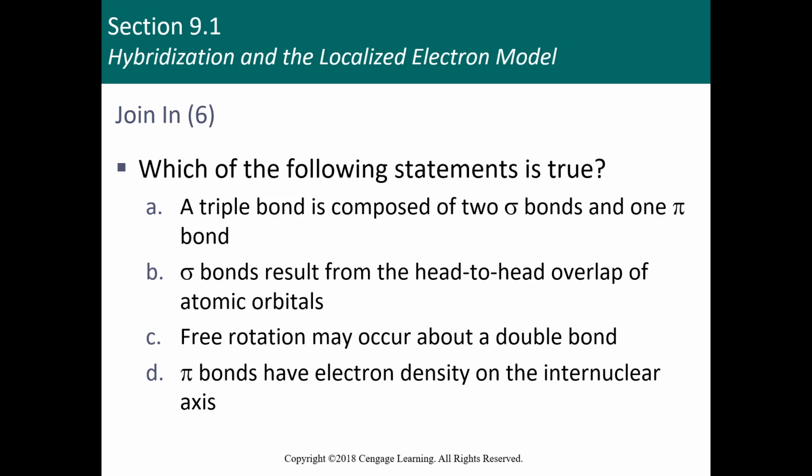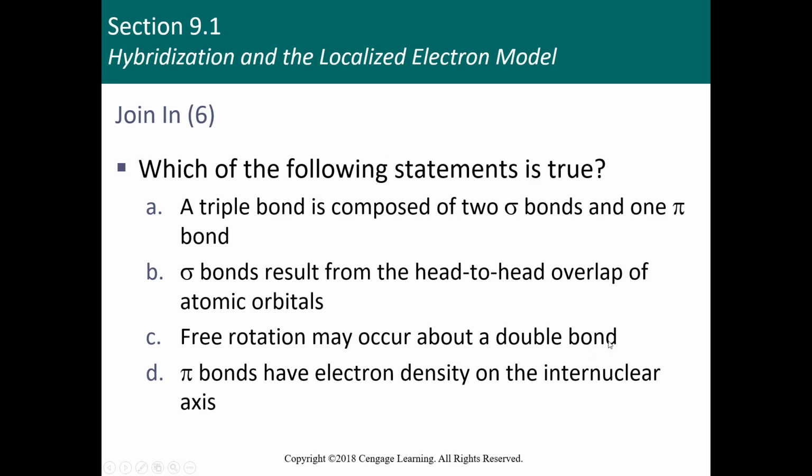D, pi bonds have electron density on the internuclear axis. Every now and then I tend to give you guys something that doesn't really mean much, something that sounds somewhat complicated, because sometimes people like to just pick whatever sounds complicated.